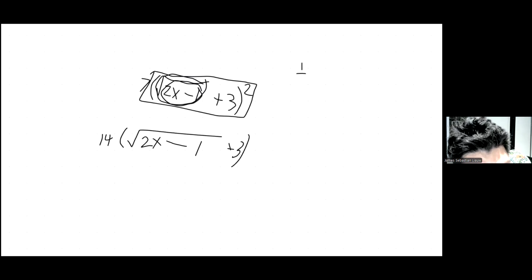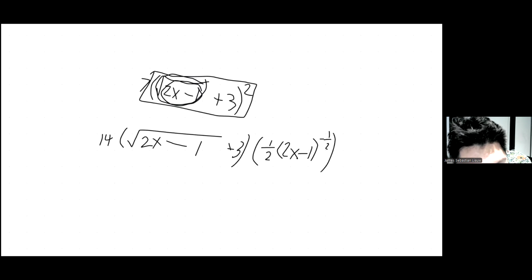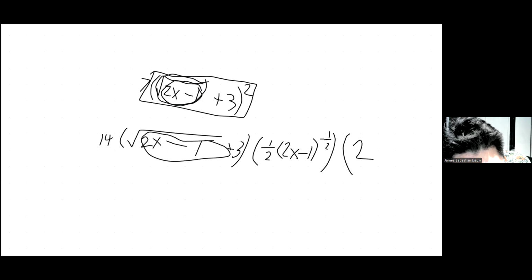That becomes half of 2x minus 1 power minus half, and then what's inside that? You differentiate the innermost function, 2, and then you can simplify everything.